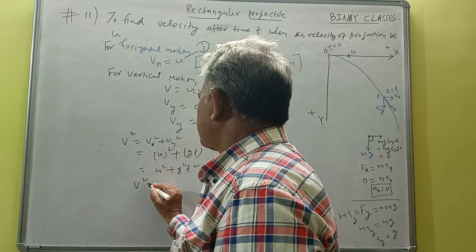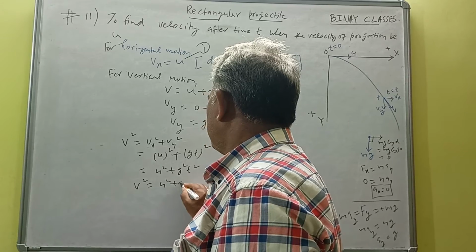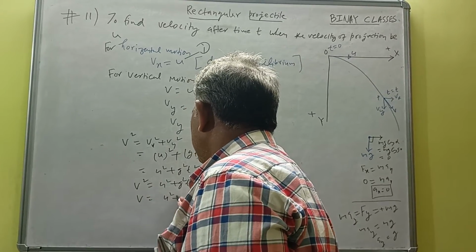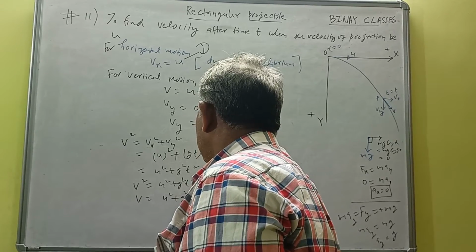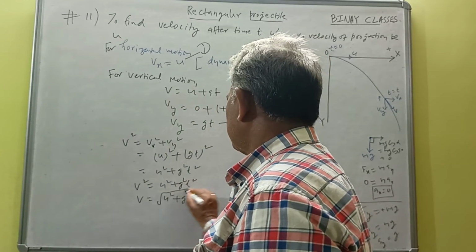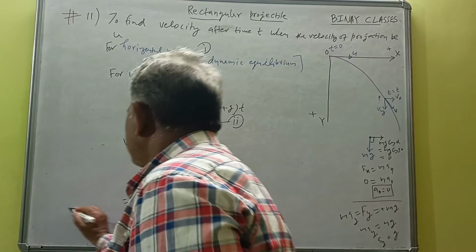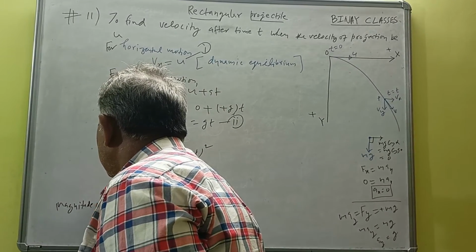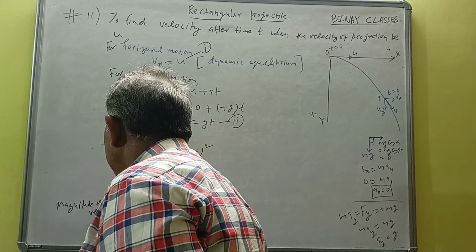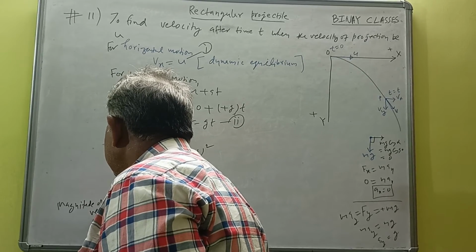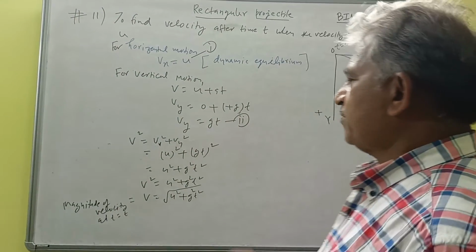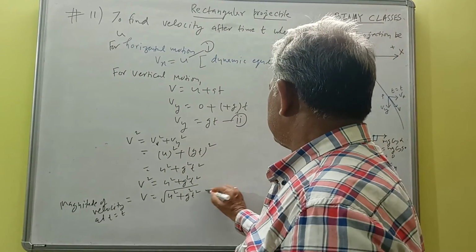So finally v square is equal to u square plus g square t square, taking the square root, v is the square root of u square plus g square t square. This is called the magnitude of velocity at t equal to t. At the time t equal to t, this is the magnitude of velocity v, this is the third relation.